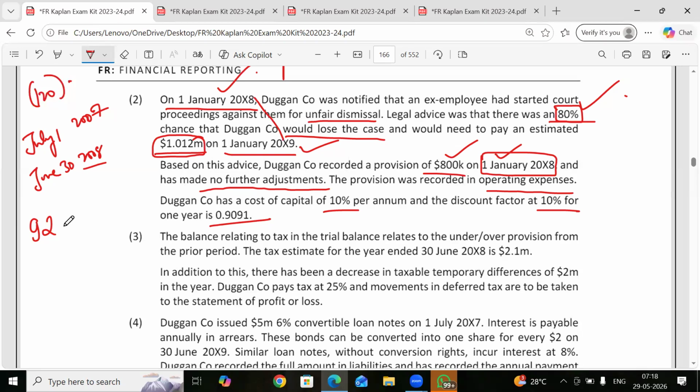The whole obligation created for them is how much? 920. Okay. This obligation got created for them on 1st January. And we have to show the statements at the end of the year. Right.